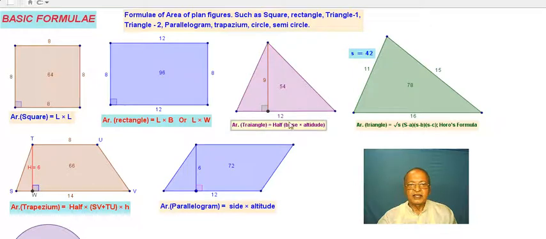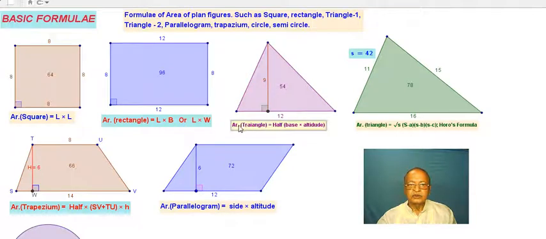Now, area of a triangle. This type of triangle is there where altitude is given to us and this is the base. This line is base, and the perpendicular drawn from the opposite vertex to this base line is taken as altitude.